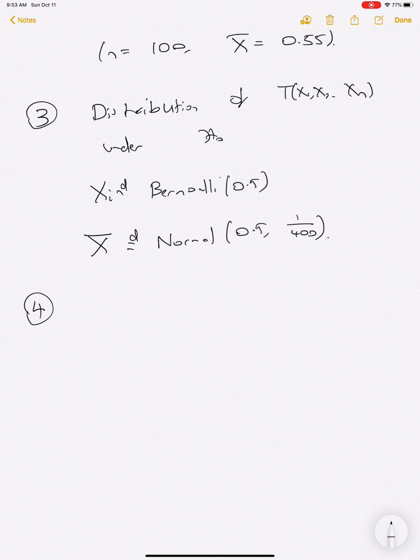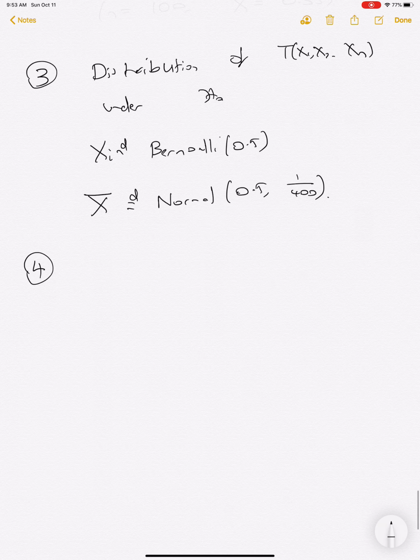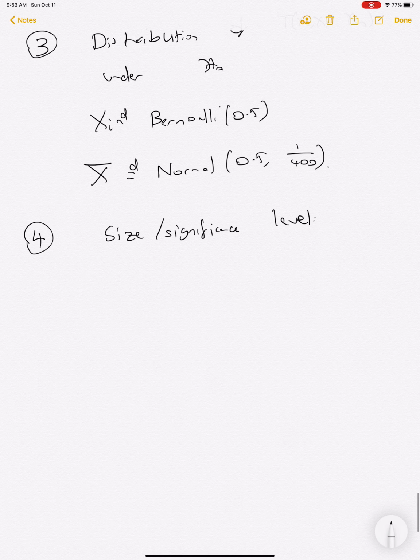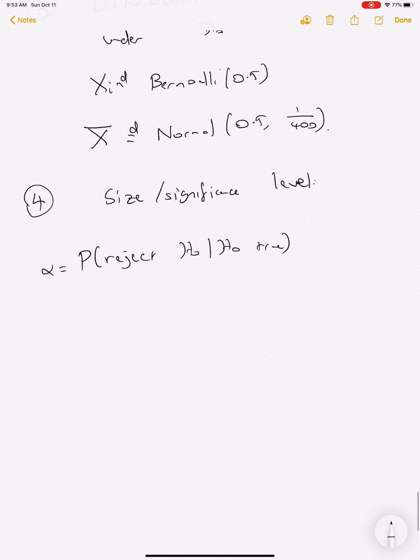Okay, and so now let's move on to the size or significance level. This is probably the thing where you need to concentrate most on how we determine these significance levels. So it is the probability that you reject H naught given H naught is true, and that's your alpha. We're going to set alpha equals 0.05.